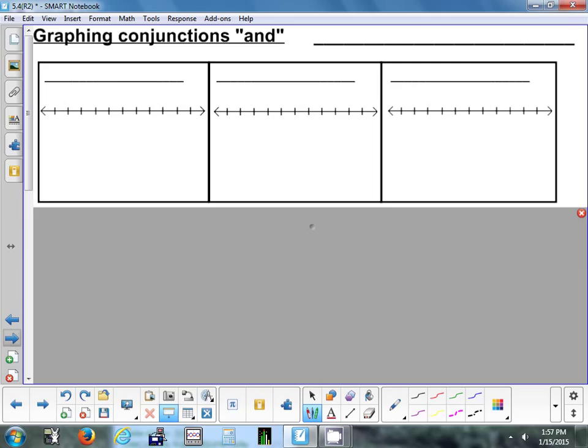Like, oh, I really don't like that. I'm better than you. All right? So our ands, they're snobby. There's only certain situations that you're going to graph. These conjunctions, they only want it a certain way. So they're snobby.